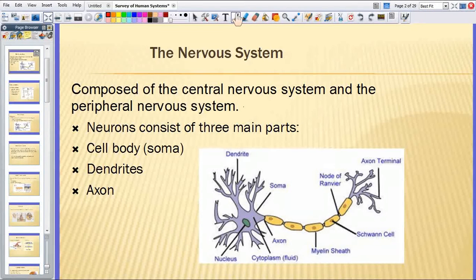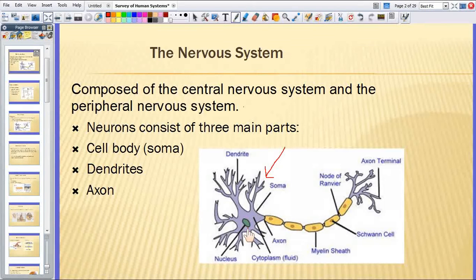The peripheral nervous system is based on the individual nerve, or the neuron. The neurons have three main parts. We have the soma, or the cell body. The cell body holds the nucleus, and the nucleus acts like it does in any other cell, controlling how the cell functions.